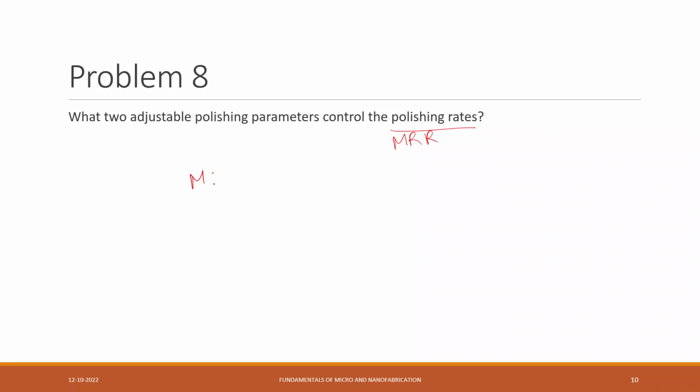This material removal rate, or polishing rate, is proportional to the pressure applied. This pressure is applied by the polishing head, as we had seen in the first question, and the relative velocity. So P and V are proportional, and when we get to the formula, it's K into P into V, by the time that has elapsed for the polish.